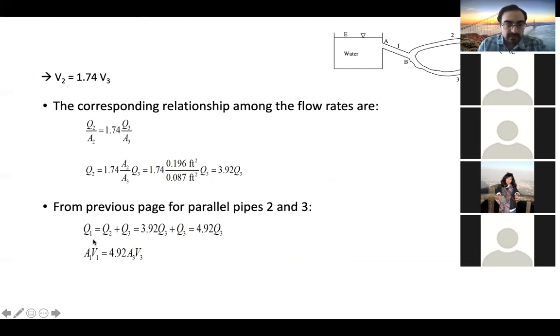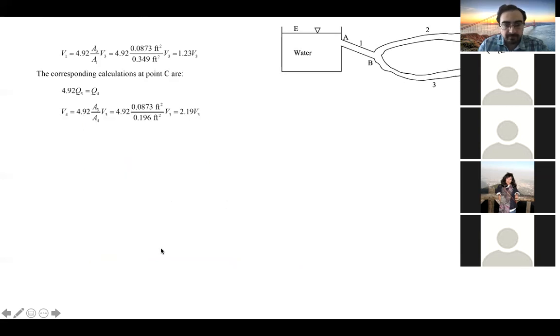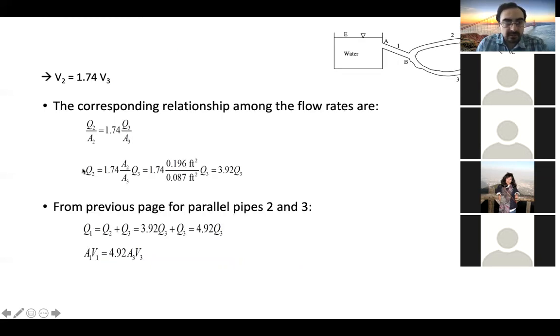And so I just write the definition of Q, the flow rate, which is AV. So it's going to be A1V1 equals 4.92 times A3V3. And then based on this, we can find again a relation between V1 and V3.